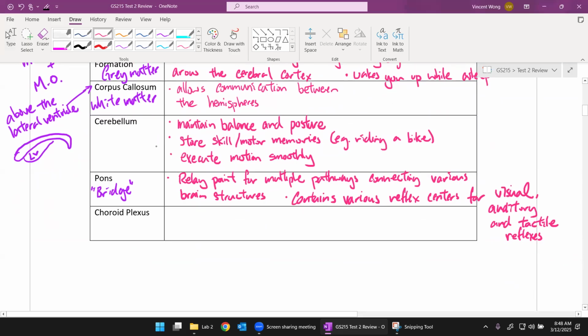Next, we have the choroid plexus. Choroid plexus, they are found in each ventricle of the brain. They are vascularized.